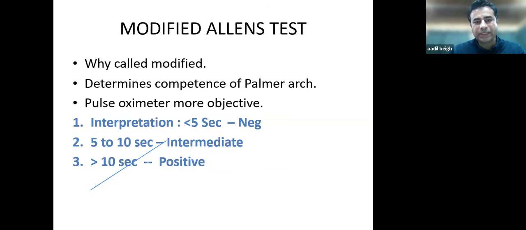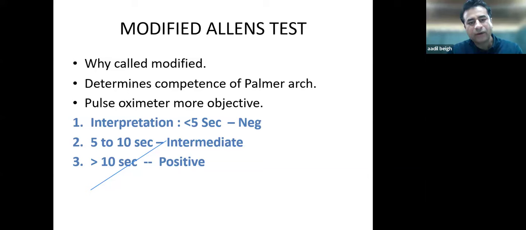So we put pressure on the ulnar and the radial artery, and ask the patient to make a fist. After making a fist, there's a blanching of the hand, and we remove the pressure over the radial artery, and there is the perfusion of the hand.